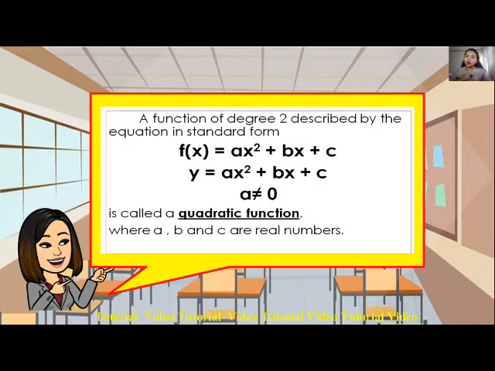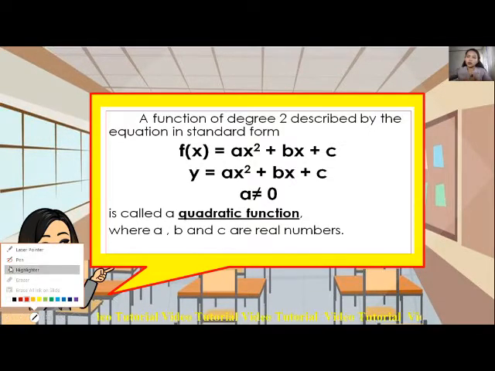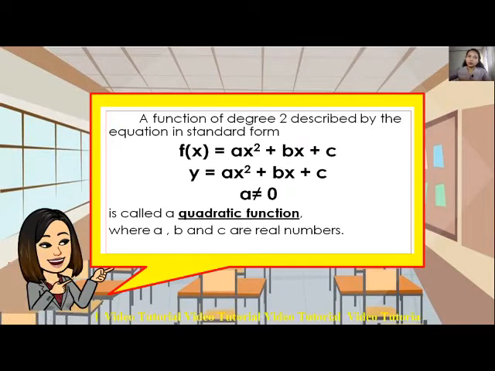We also have y equals ax squared plus bx plus c as the standard form of quadratic function, wherein a should not be equal to 0, because when we have a as 0, and 0 times x squared will be equal to 0. And when our quadratic term is absent, therefore, it will not be a quadratic function anymore. So we also have a, b, and c as our real numbers or the numerical coefficients.